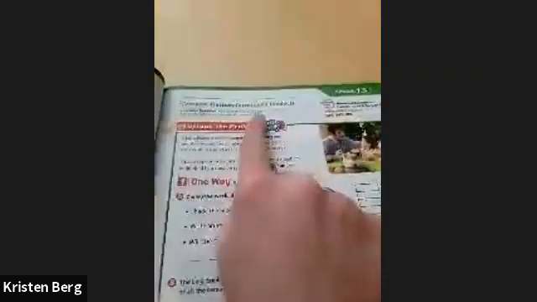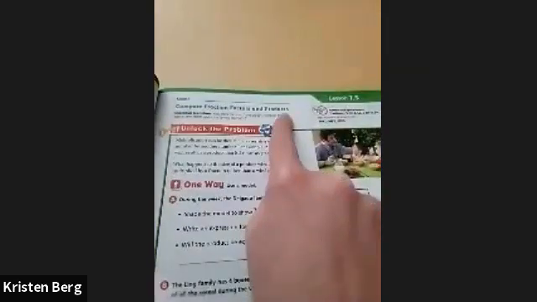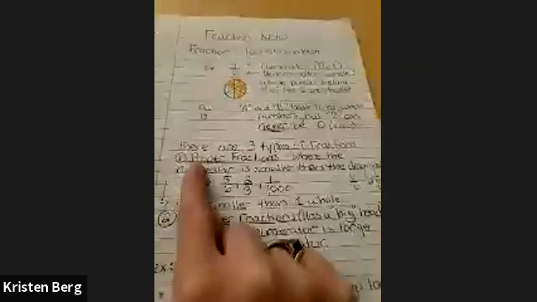So now I am going to flip this around, and we are going to do comparing fraction factors and products. So I am just going to quickly review something, and this is a very big, important thing to remember.